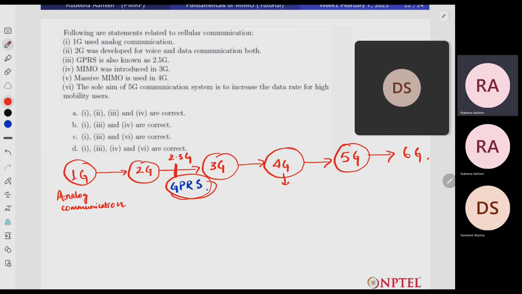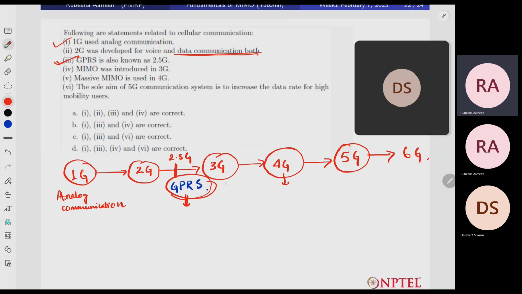So analog communication is used in 1G. 2G was developed for voice communication. Data communication was added in 2.5G when GPRS came into existence. So GPRS is also known as 2.5G, is correct. Then MIMO was introduced in 3G?